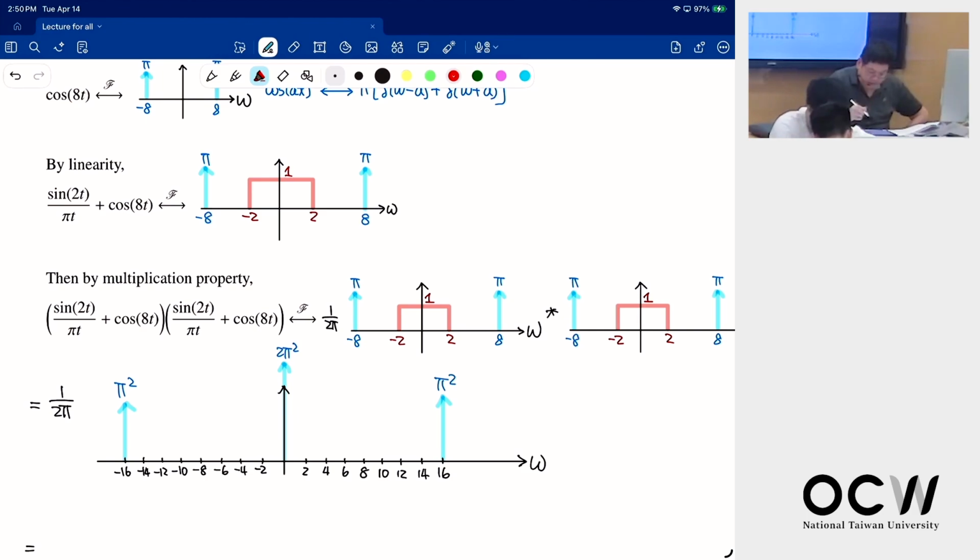And from -4 to 4, I have a triangle because I have two exactly the same rectangular pulses to do the convolution. So here I should have, here's 4.